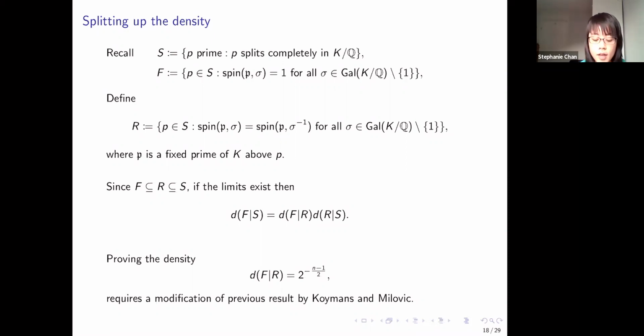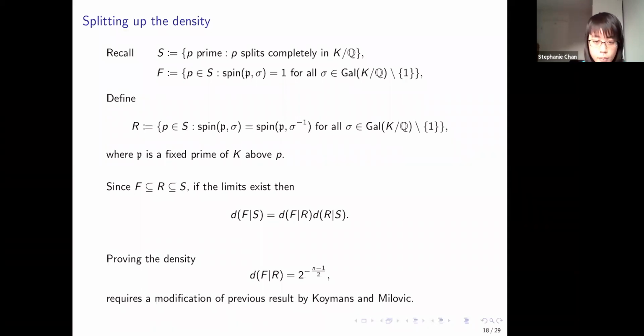For every pair sigma and sigma inverse, we only take one sigma to look at, and applying a modification of their proof, we can show that this first density is 2 to the minus (n minus 1)/2.